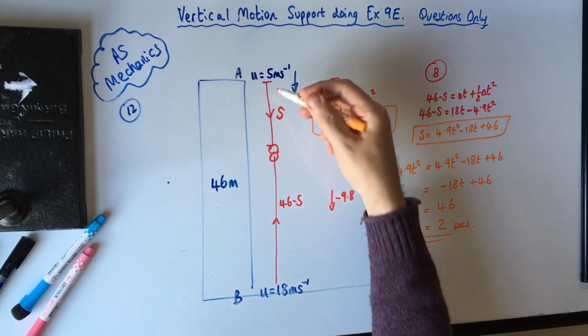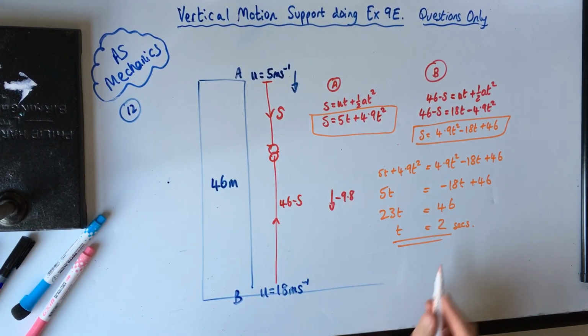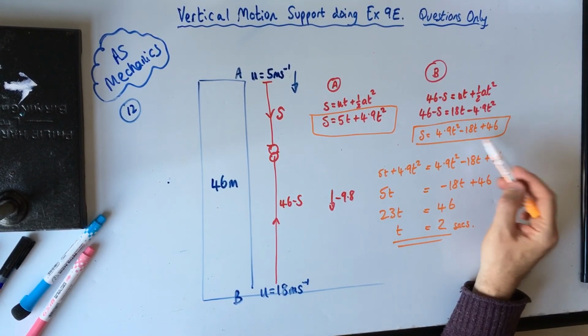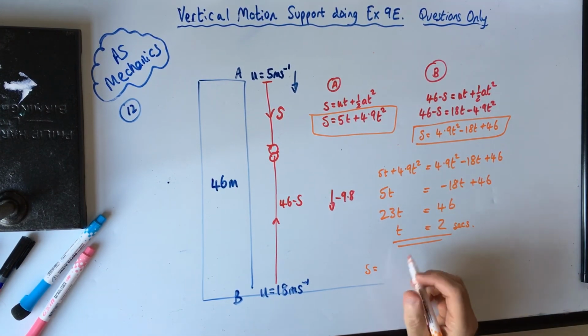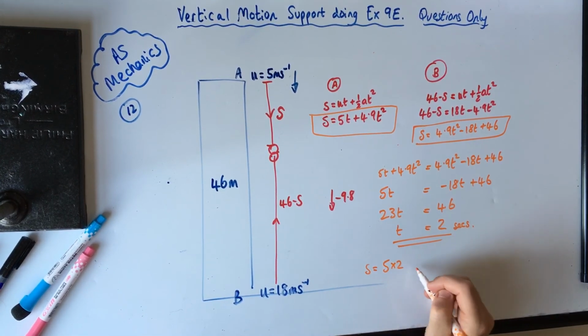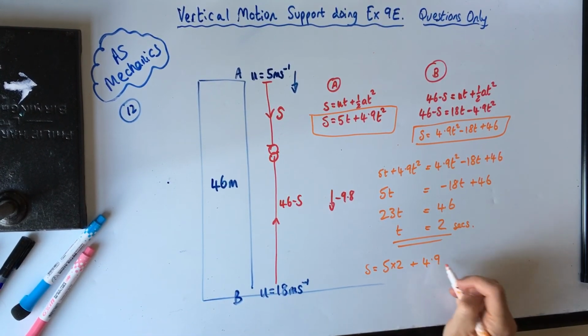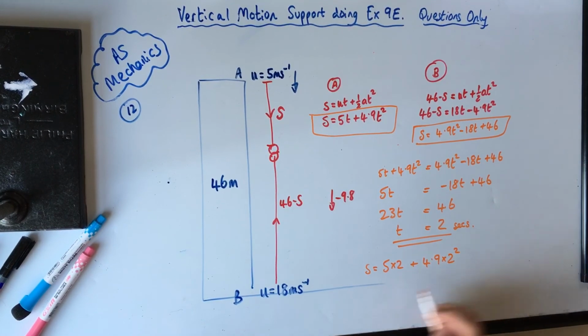So they collide after 2 seconds. It doesn't matter whether you put 2 into this equation or this equation, it's going to give you the same value of S. So I'm going with this equation: S is equal to 5 times 2 plus 4.9 times 2 squared.